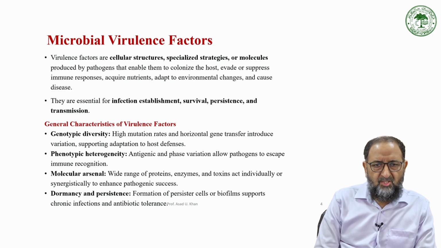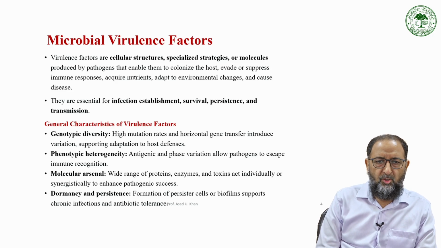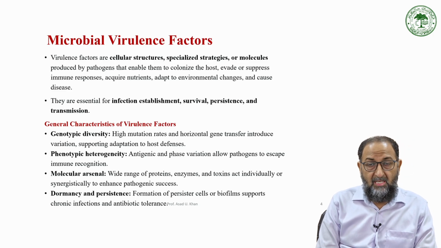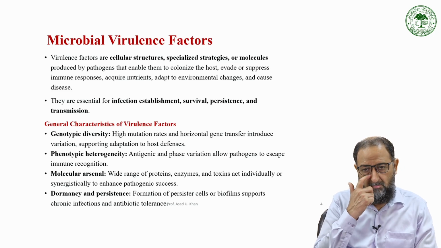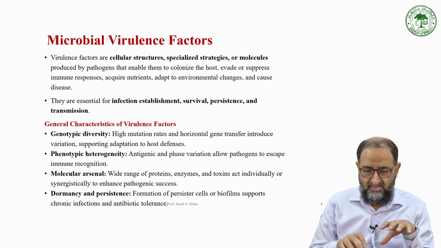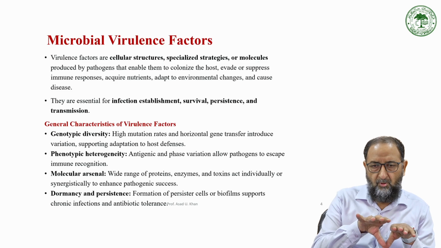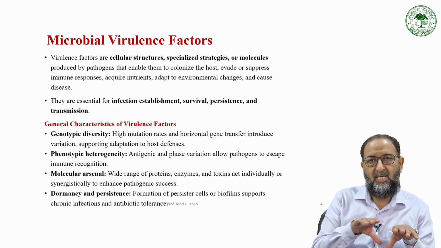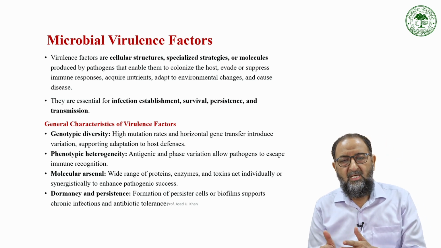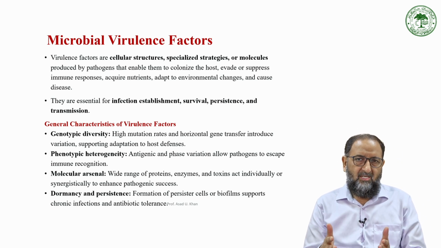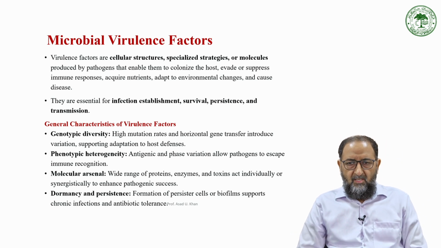The general characteristics of the virulence factors are genotypic diversity and a high mutation rate, so that it may not be caught by the defense system. Then horizontal gene transfer: not vertical but horizontal, through plasmids and extrachromosomal material from one bacterium to another, even across genera or species.